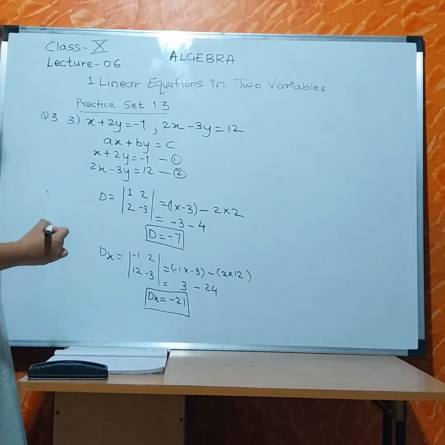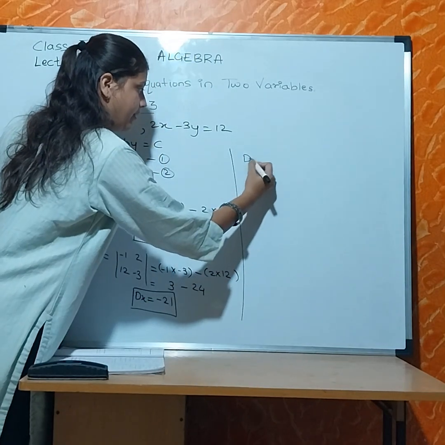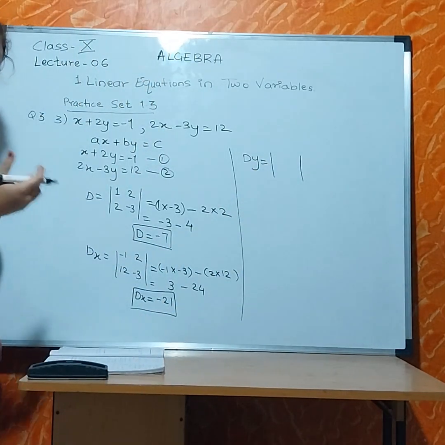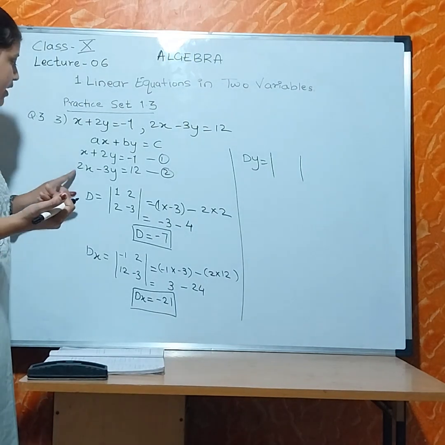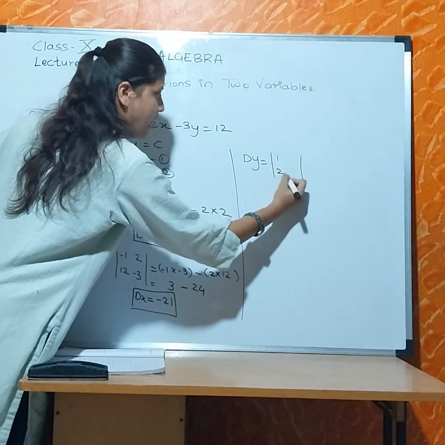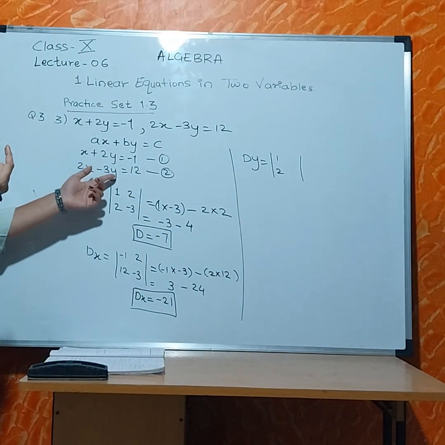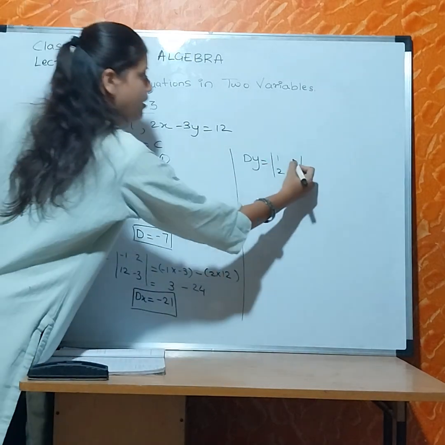minus 21. Now we will find the value of dy. To find the value of dy, we need to put the coefficients of x first. So what are the coefficients of x? 1 and 2. And in place of y coefficient, we will put the values of constants. So minus 1 and 12.